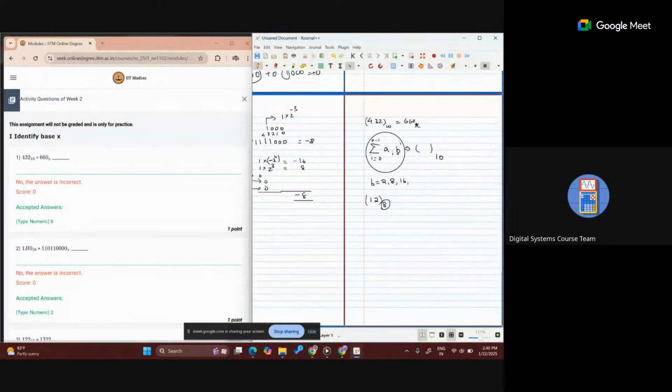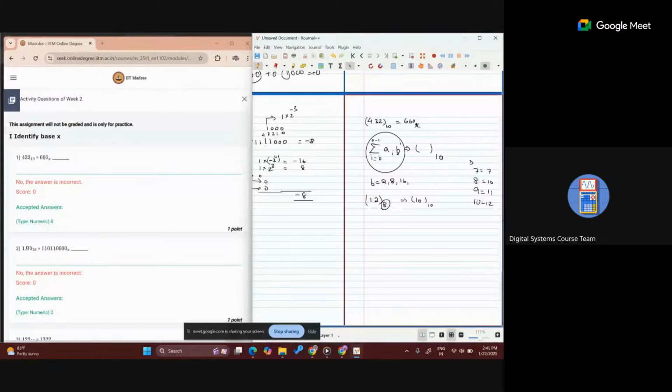So base B is equal to 8 now. Is it okay? Yes. Now the base is 8. Normally up to 7 it is 7 only, and decimal number 8 is equal to 10, decimal number 9 is 11, decimal number 10 is 12. So I should get the answer as 10 in base 10. Is it okay?